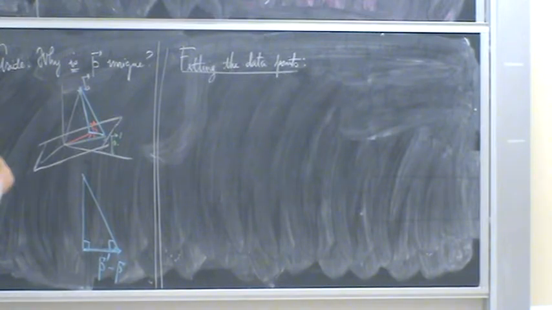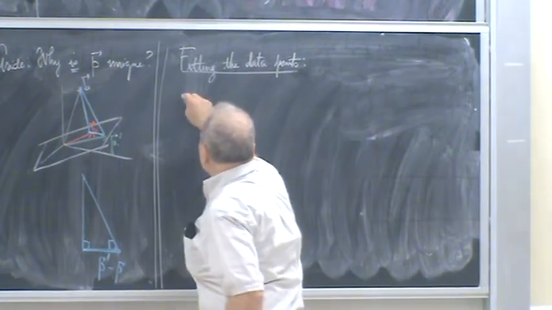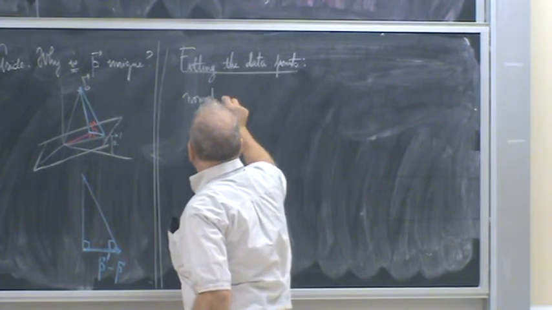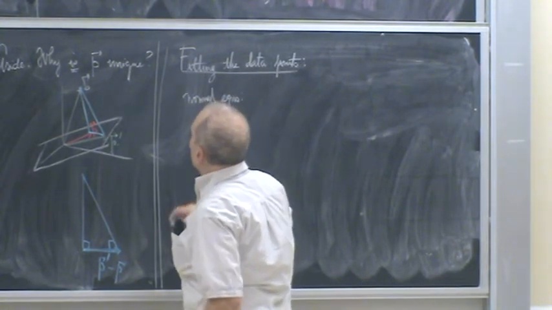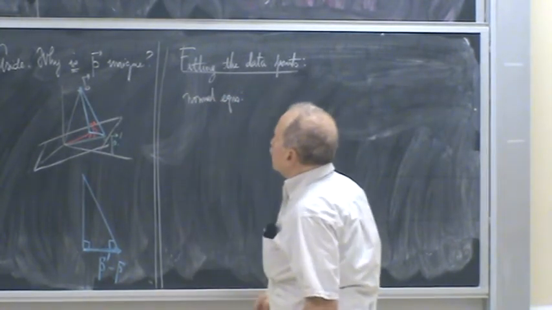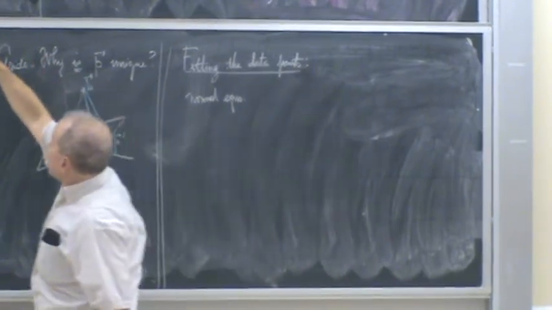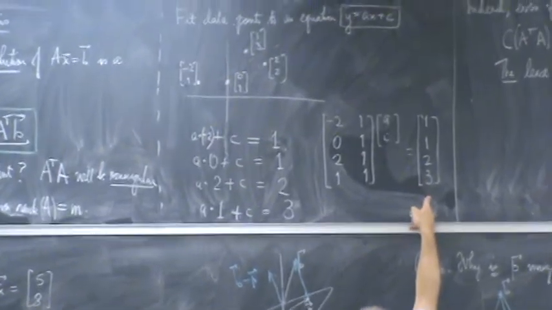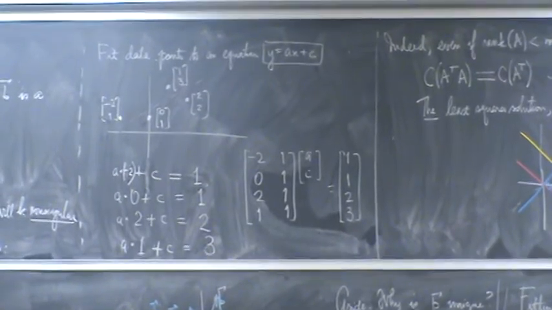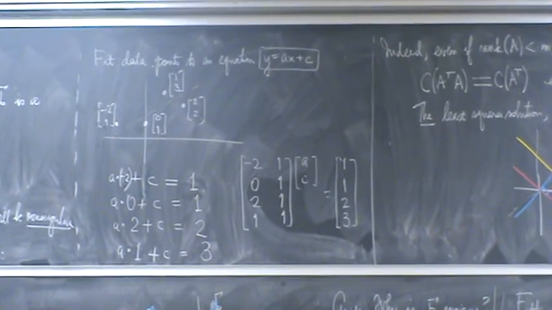So again, can you now tell me what the normal equations are going to be without my writing everything out? What's A? Here's A now. Here's B. What's A transpose A?